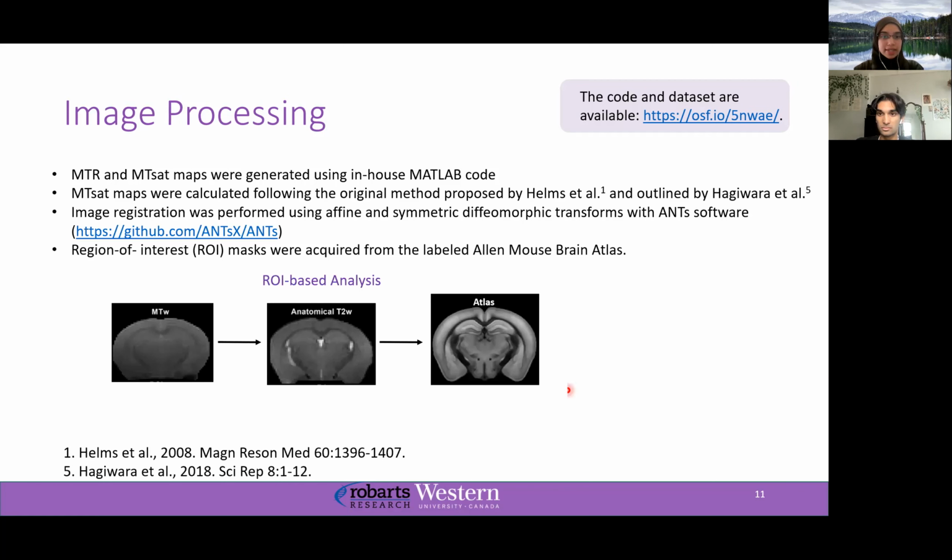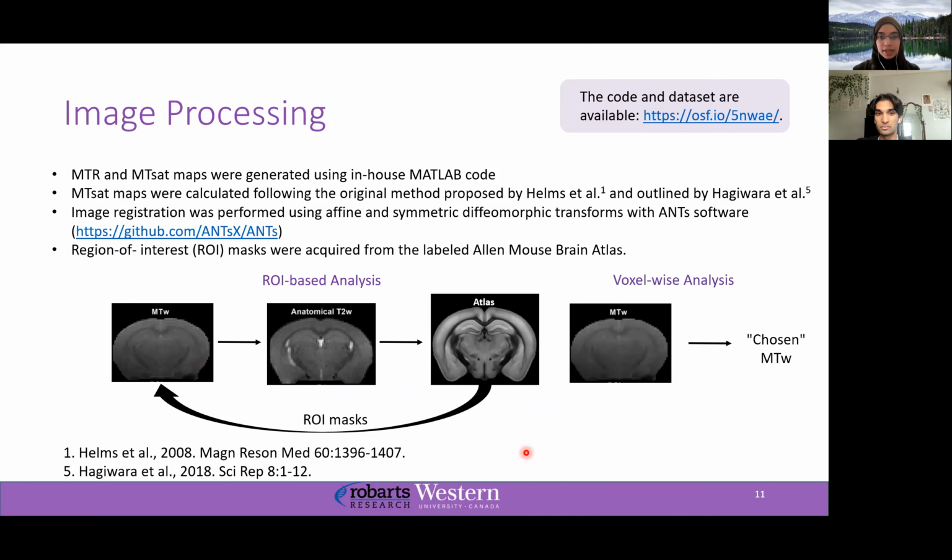For ROI-based analysis, the MT-weighted images were registered to anatomical T2-weighted images, and the T2-weighted images were registered to the atlas. ROI masks were brought back from atlas space to the MT-weighted space by using the inverse transforms from these registration steps, and then the masks were manually edited as needed. For voxel-wise analysis, the MT-weighted images were registered to one chosen MT-weighted image.